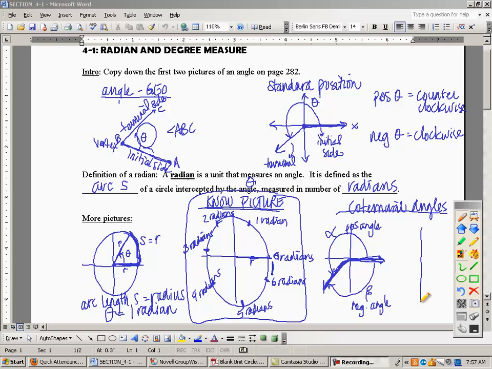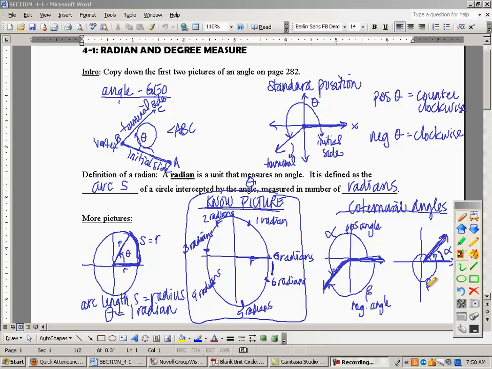But let me show you another one too that's the same thing. Let's say my initial side is always here on the positive axis, and my angle is here in the first quadrant. I could have this small angle, which I call alpha, as my positive angle, but I really could also have another positive angle. I could start here and go a whole revolution around plus, and this is a beta. This is another positive angle.